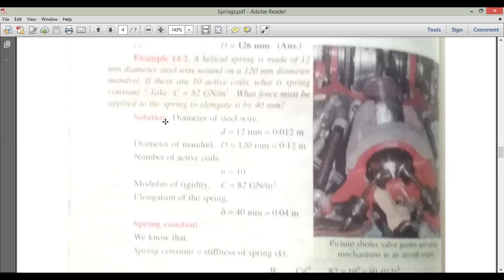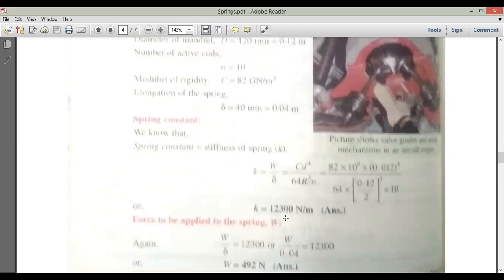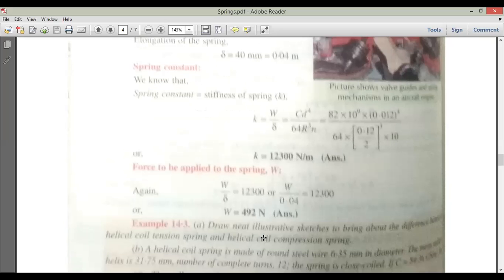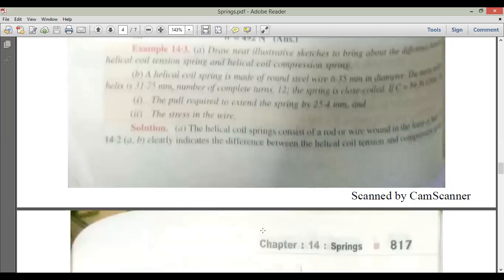What force must be applied to elongate by 40 mm? For 40 mm deflection, we have to apply, sorry, 492 Newton of weight. This way we have solved the problem on springs.